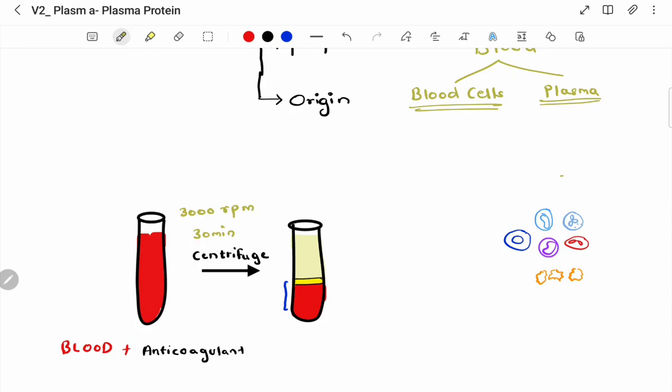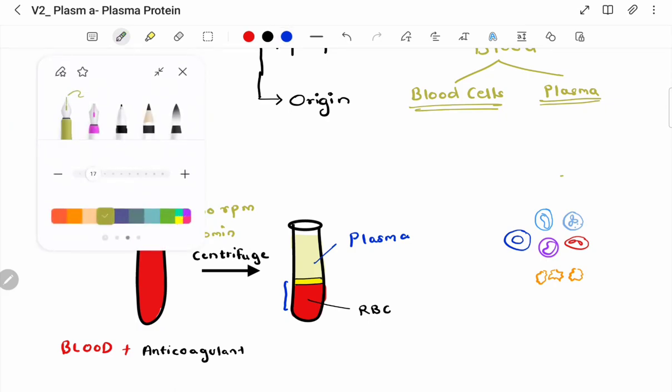Then you will see that red blood cells settle down at the bottom, whereas clear plasma is at the top, and in between plasma and red blood cells you can see a white buffy coat.